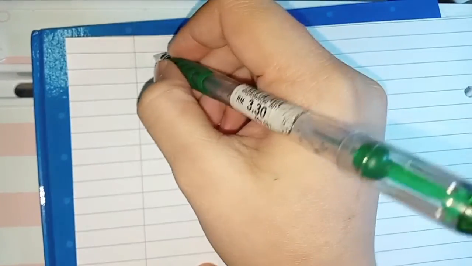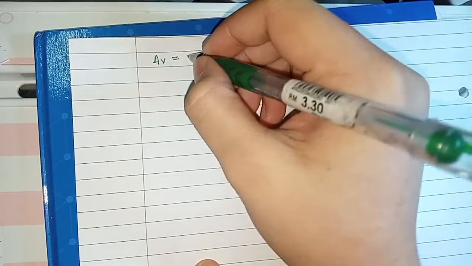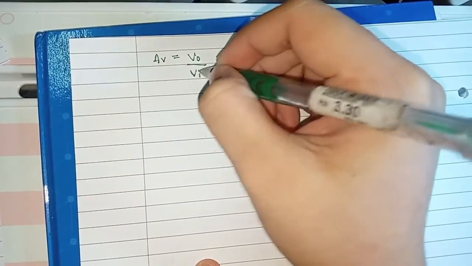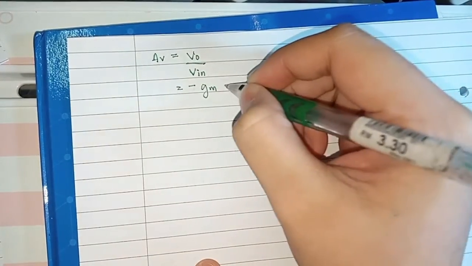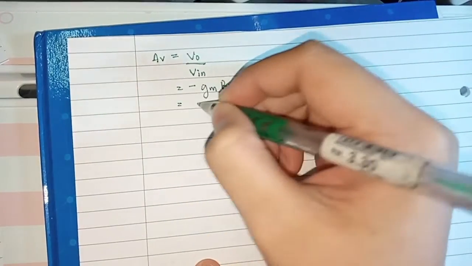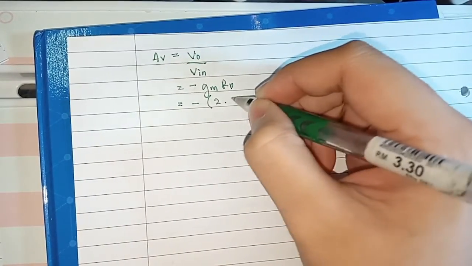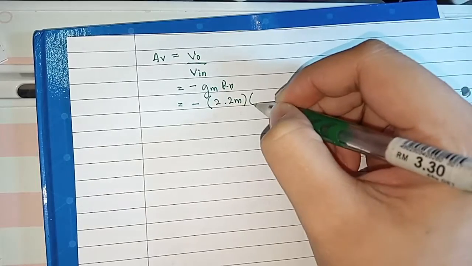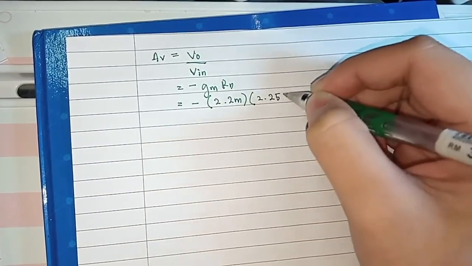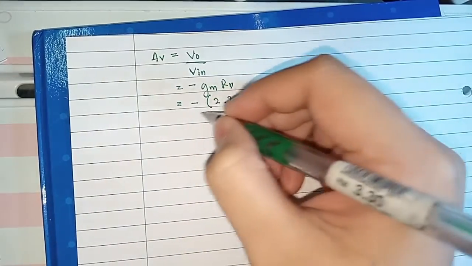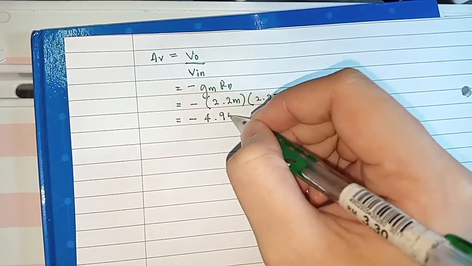Now we can find the voltage gain, AV equals VO over Vin, which is negative gm RD. Here gm has the value 2.2 milli, times RD, which is 2.25 kilo ohm. So we get the answer negative 4.95.